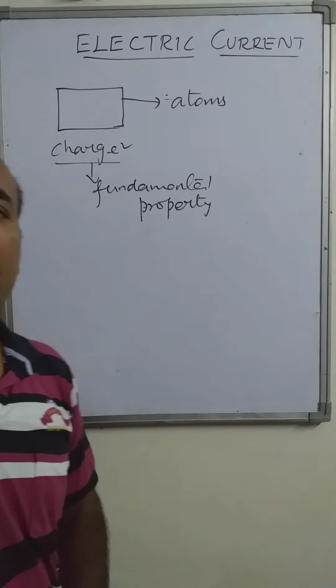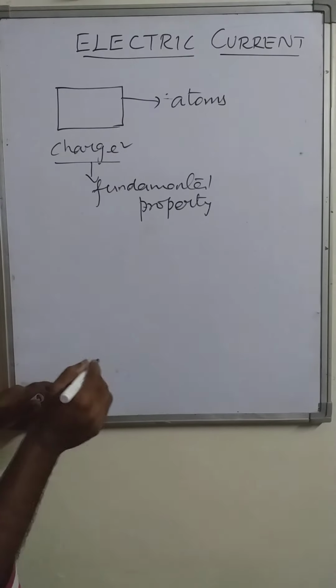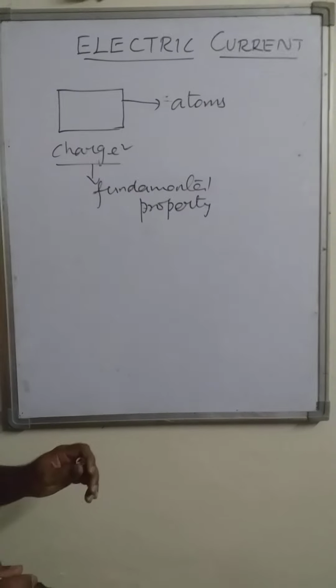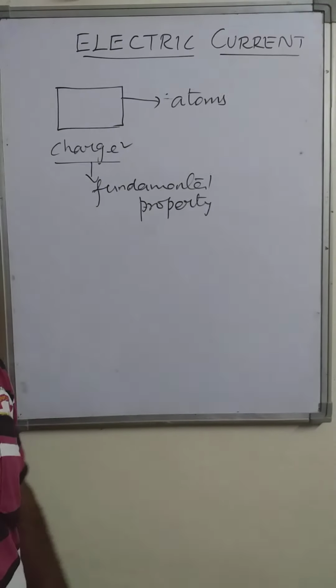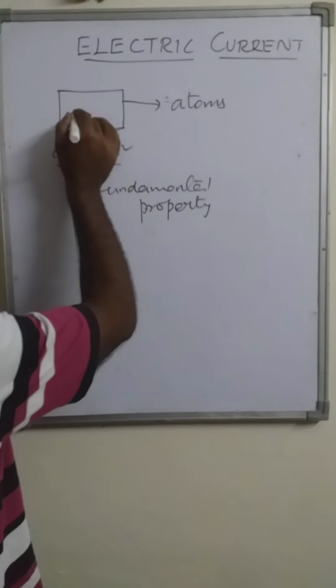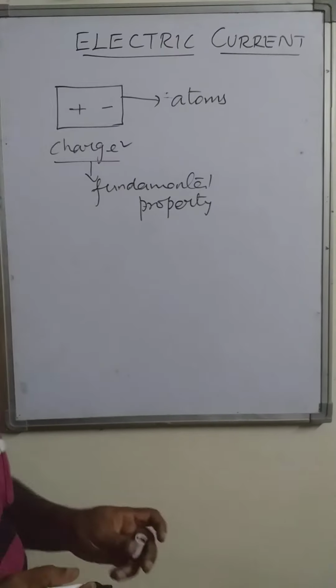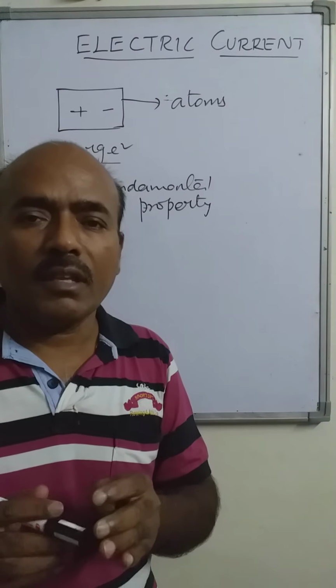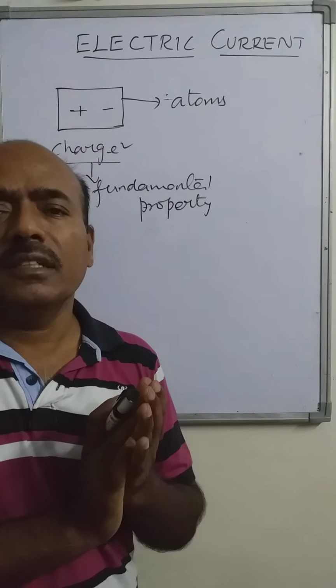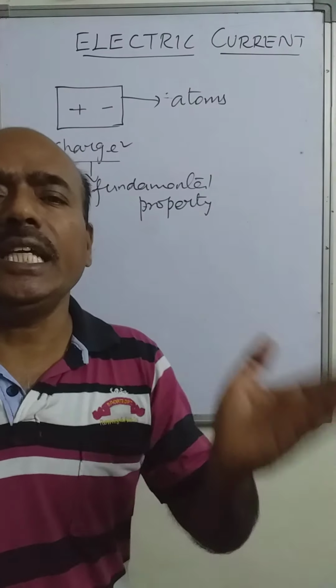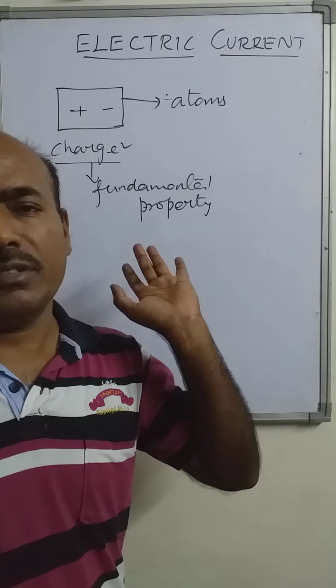It is because every matter is having those particles, proton positively charged, electron negatively charged, and that number are equal. Means the number of electrons present in that matter is exactly equal to the number of protons.